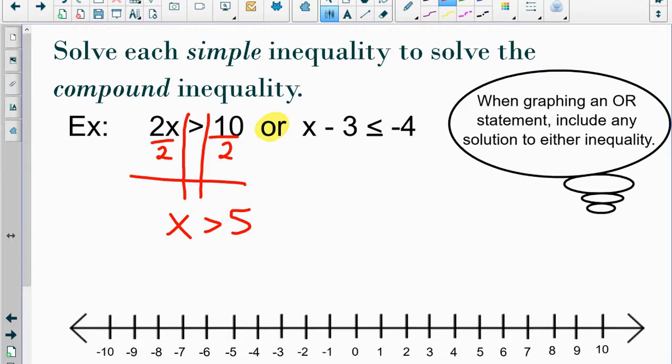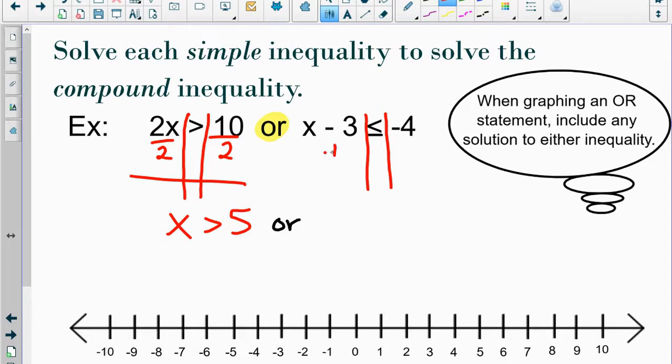Keep in mind, I don't flip the inequality symbol here because I wasn't dividing both sides by a negative number. I divided both sides by a positive 2 instead. So that's only part of our answer. We still have that connecting word that we're going to use in our solution. Now we need to solve the second inequality, x minus 3 is less than or equal to negative 4.